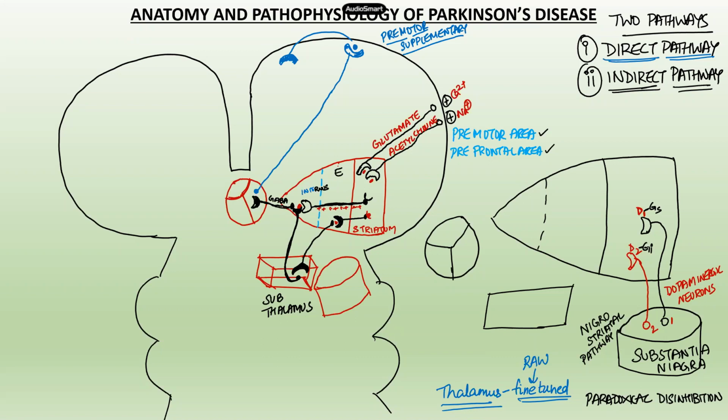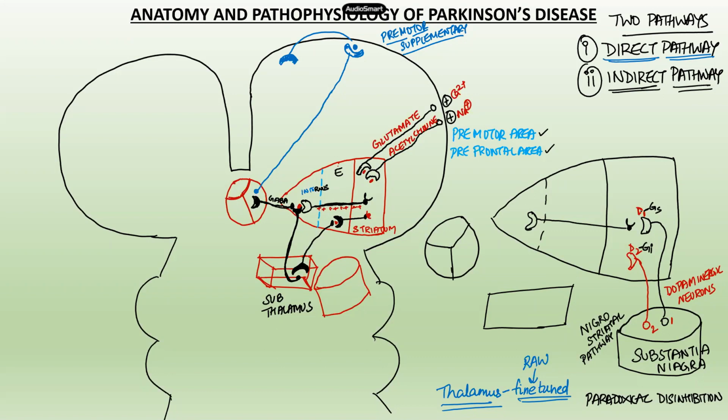Now, let us take neuron number 1. When dopamine is released through neuron number 1, it acts on the D1 receptors which are present on the GABAergic neuron that ends up in the globus pallidus externus, right?